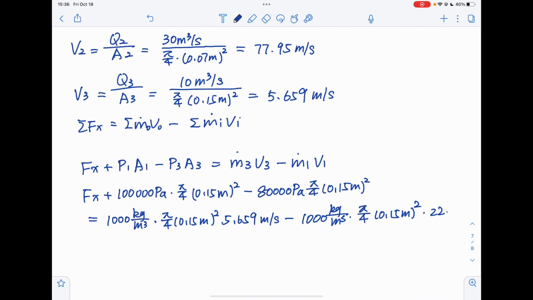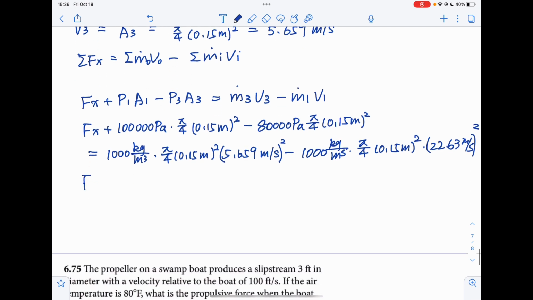So our Fx is going to be negative 8,840 Newton in the x direction.